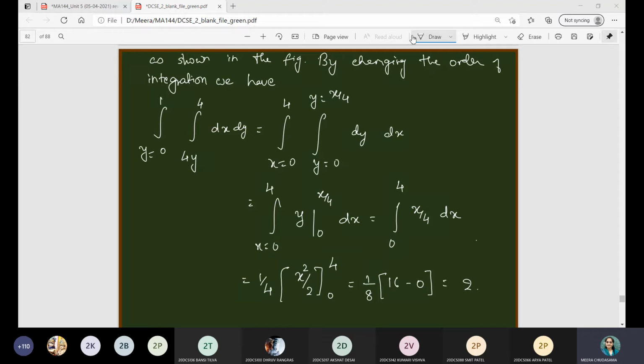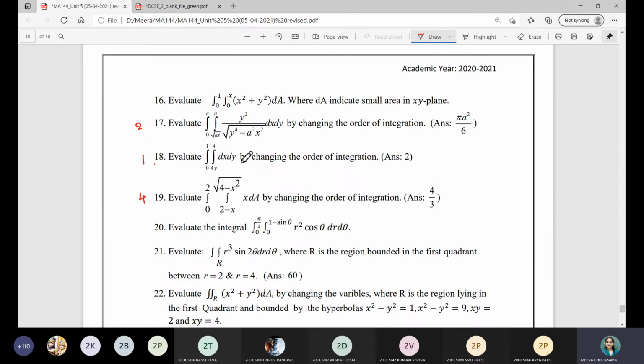Okay, let us do another example. This is the second example, number 17. Evaluate the double integration we are given, by changing the order of integration.